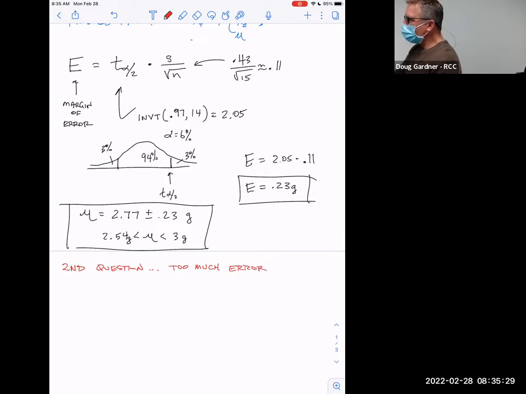So we were kind of stuck with all of that, right? We just randomly did 15 and then we had no choices. The error just came out what it is. And now we say, well, darn, that seems kind of large.